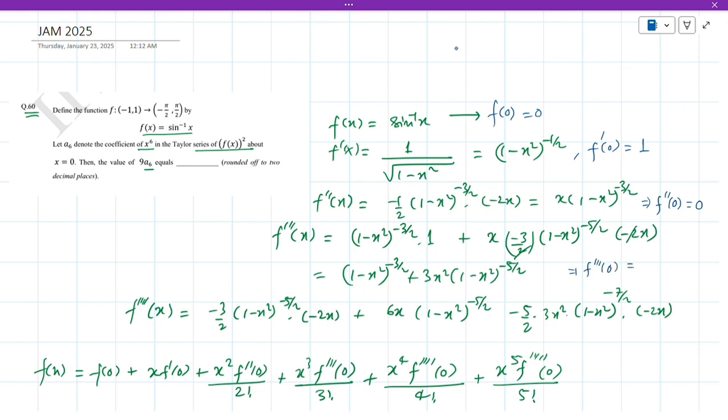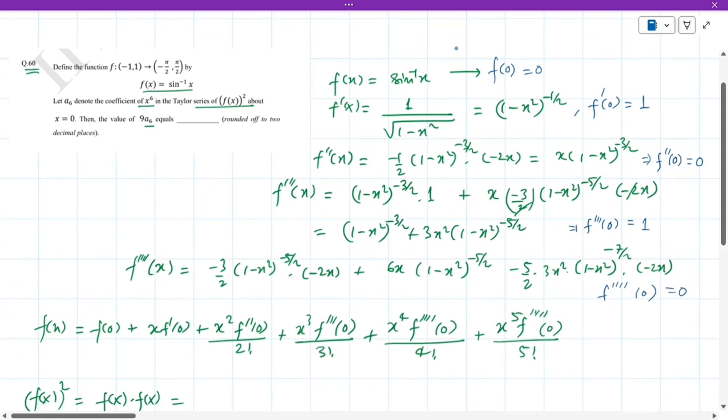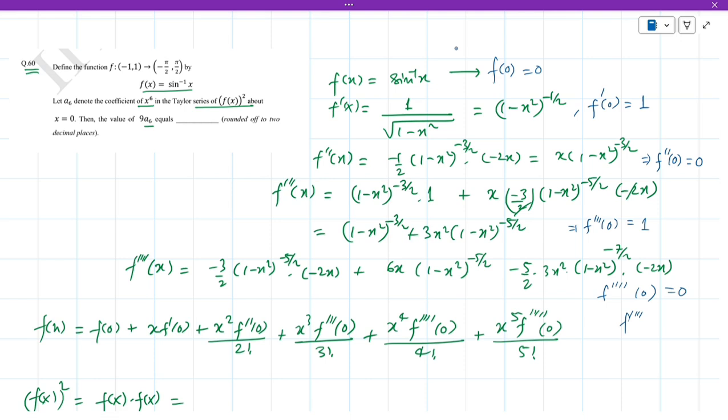Now again the fourth derivative at 0, this gets 0 and this gets 0, this also gets 0. So we again get 0. Right, so you can observe the pattern. Similarly for the fifth derivative, you can neglect this first. No need to find it.